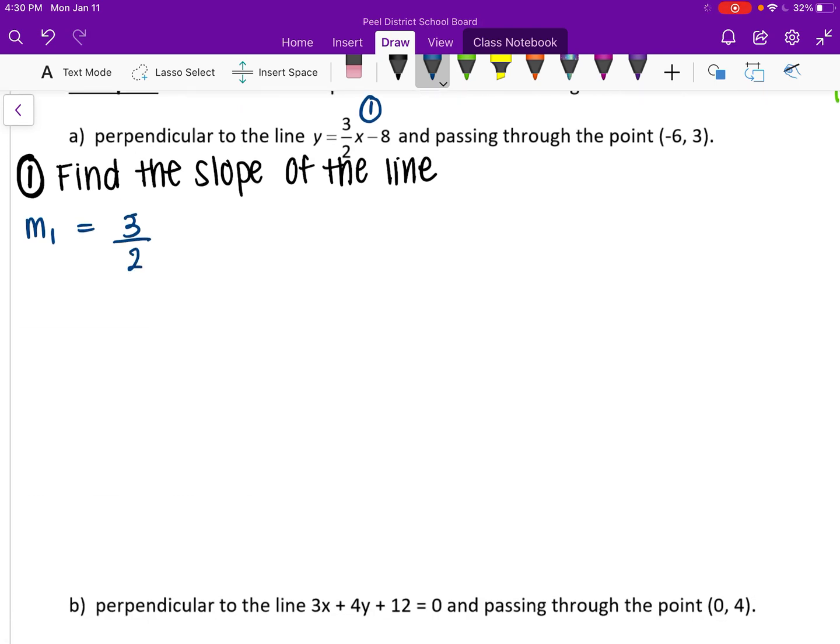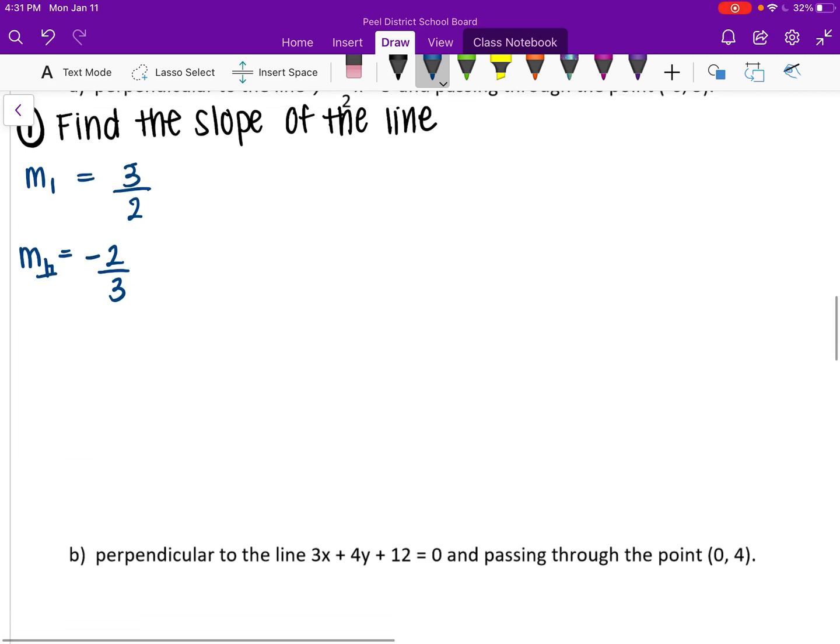So the m of the line that I'm trying to figure out is going to be the negative reciprocal, because m of the perpendicular line, just like a right triangle, is going to be the negative reciprocal, which just means that I'm going to do the 2 steps that we did before. I'm going to flip the fraction, so 3 over 2 is going to flip to 2 over 3, right? And then I'm going to multiply by negative 1, so it becomes negative 2 over 3. So that is my new slope, right, of my perpendicular line.